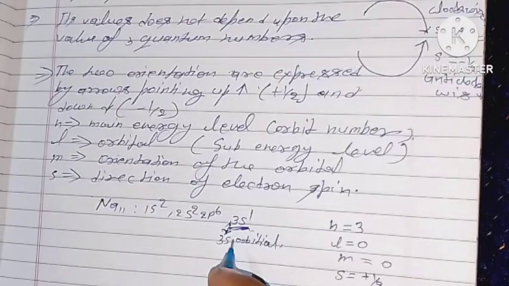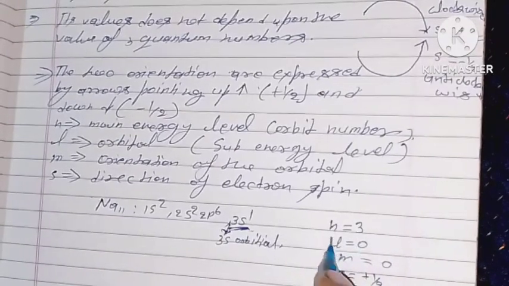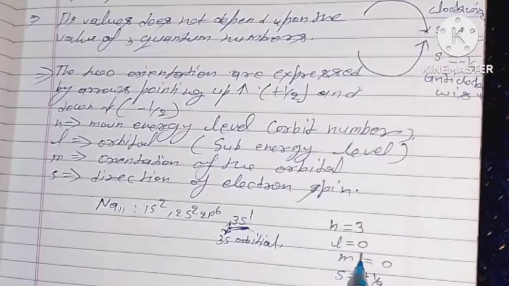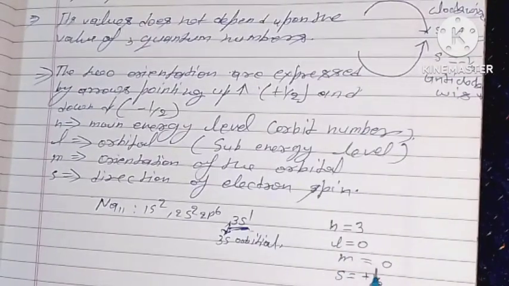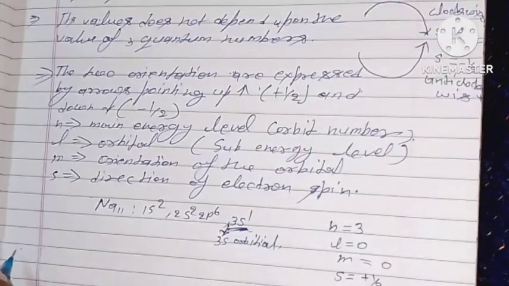The four quantum numbers for the last electron of sodium are: n equals 3, l equals 0, m equals 0, and s equals plus 1 by 2.